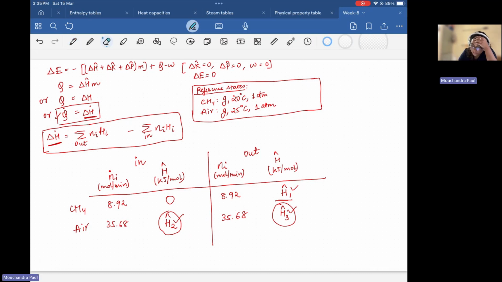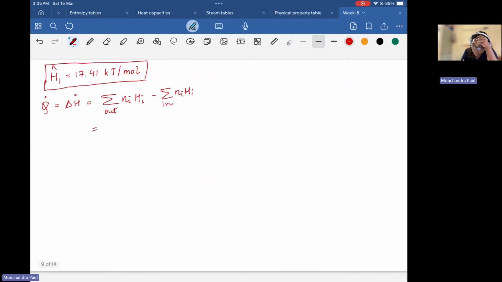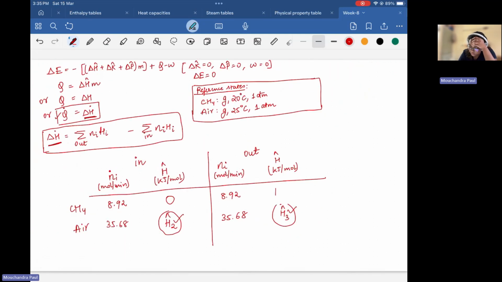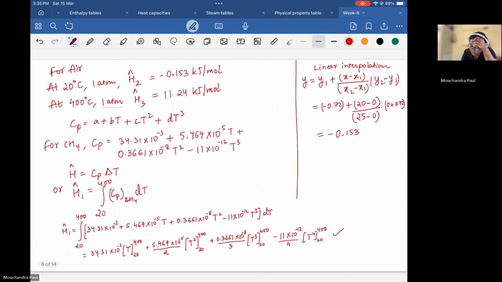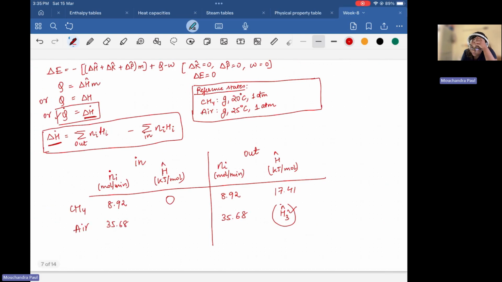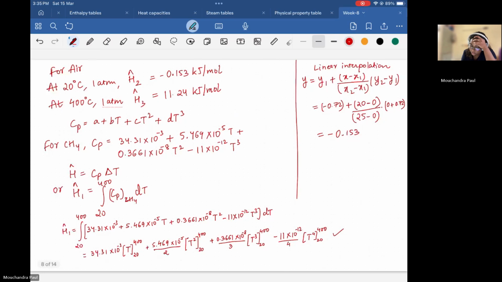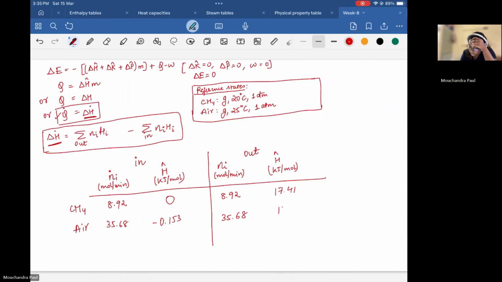So you substitute the values for convenience. H1 we got 17.41. H2 we got minus 0.153. And H3 is 11.24.